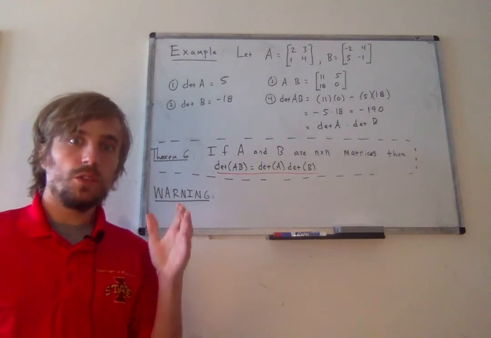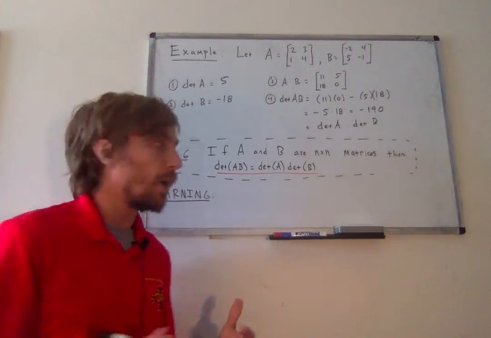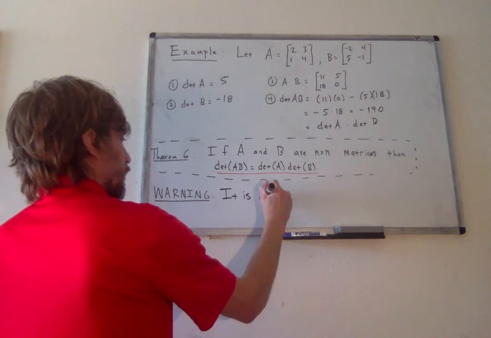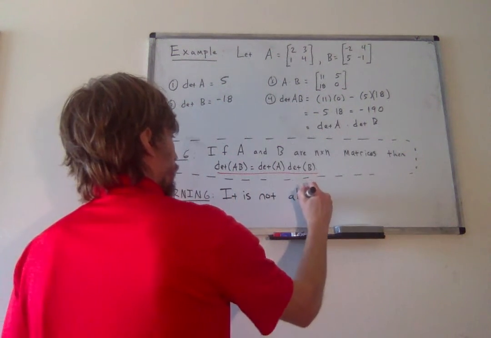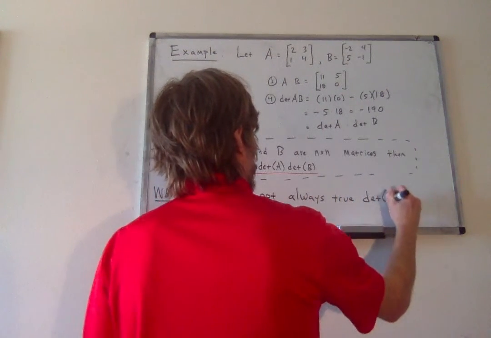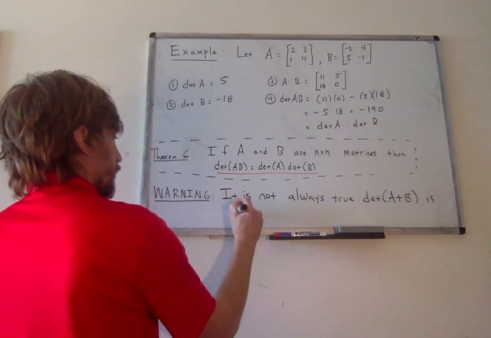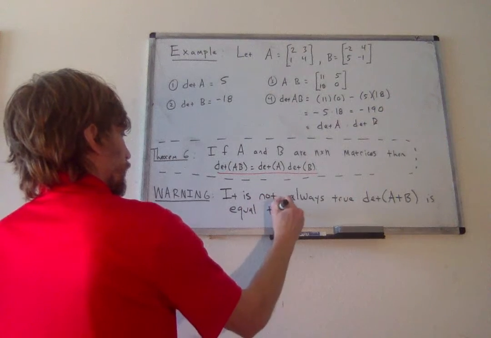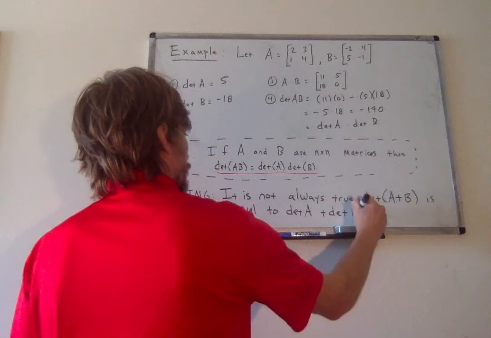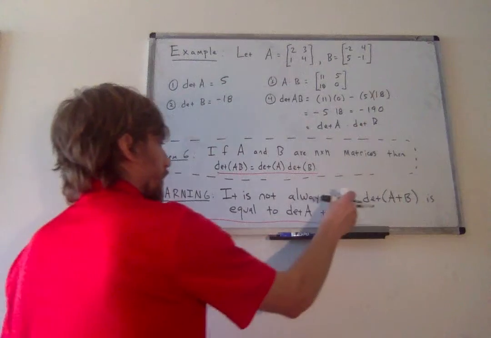It is tempting to want to also apply an additive property, because we've seen a lot of things where this does work. That is, it's tempting to say, but it is not always true, that the determinant of A plus B is equal to the determinant of A plus the determinant of B. I'll put a big red circle around this.